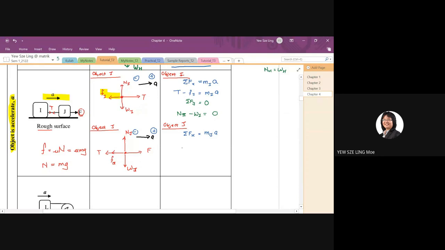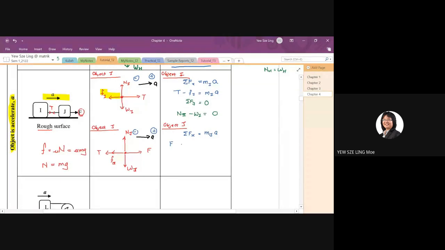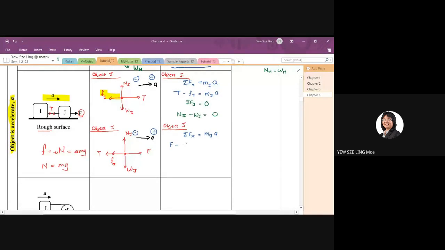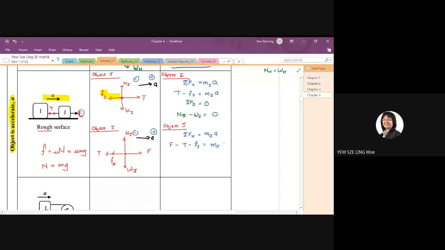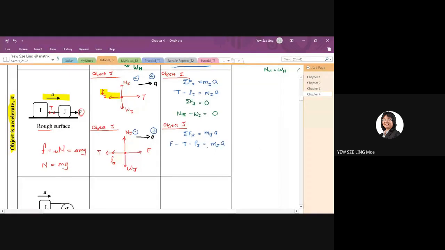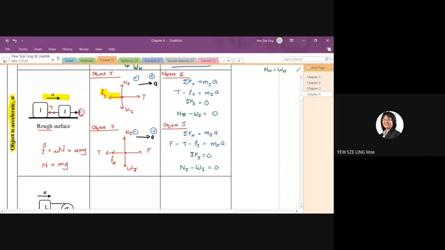Therefore, I have capital F, which is the external force, minus tension, minus Fj equals to Mja. So this is my second equation. And then for the y component, the same thing happens. Summation Fy equals to 0, and Nj minus Wj equals to 0.